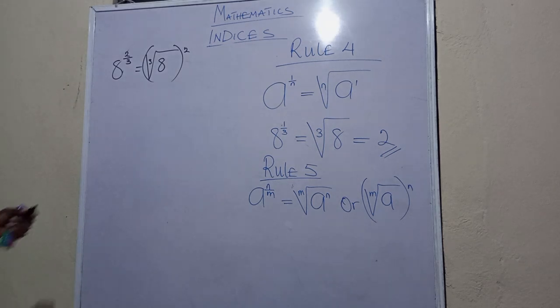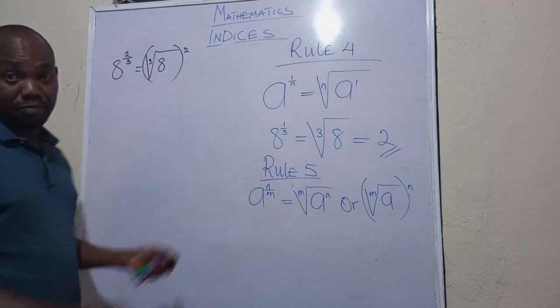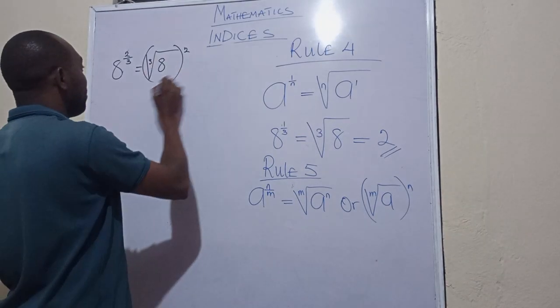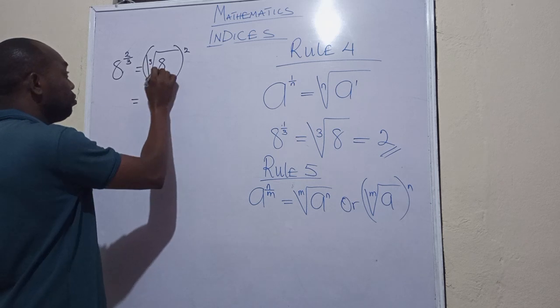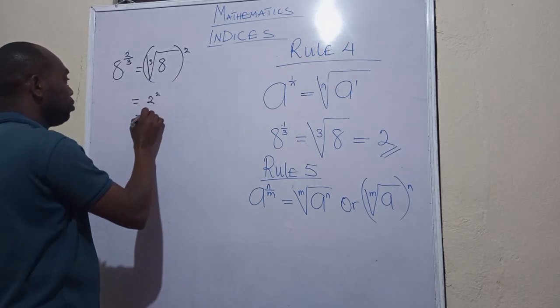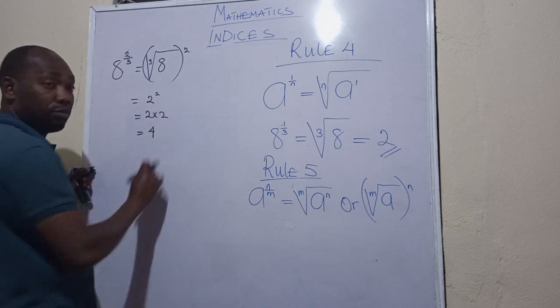At this point, the same thing can play out. The cube root of 8 is 2, raised to the power of 2, which is 2 times 2, and the answer will be 4.